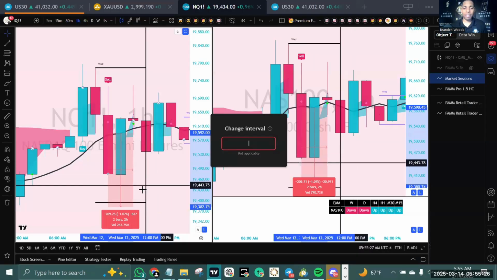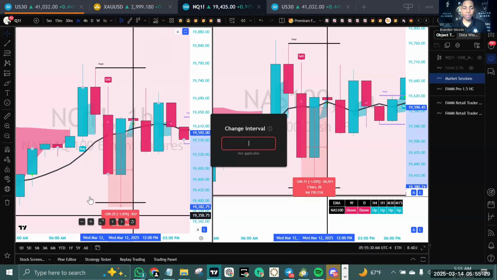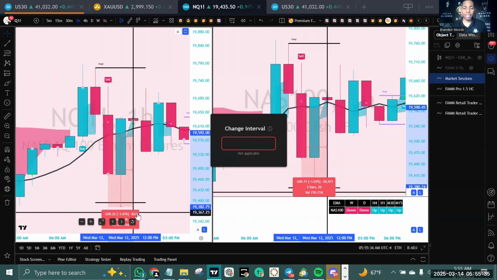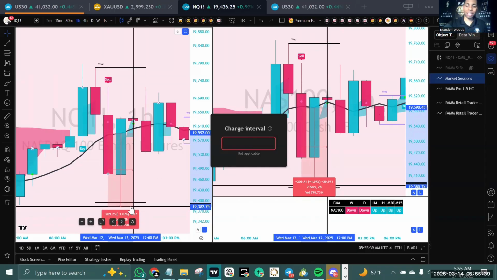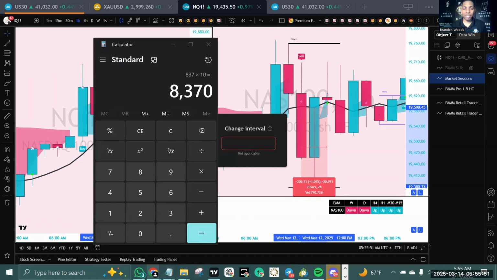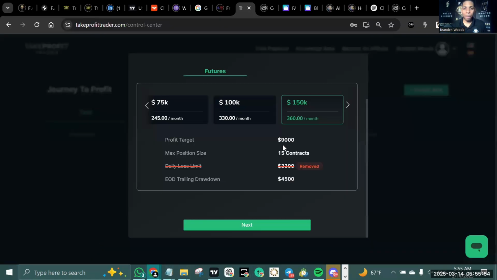And at $10 per tick, we did 837 right here. Just this day, you're already almost finishing that. So 837 times 10. Remember, you only have to make 9,000 to pass that challenge. And you only just use 2 contracts out of the 15 that they gave you to be safe.